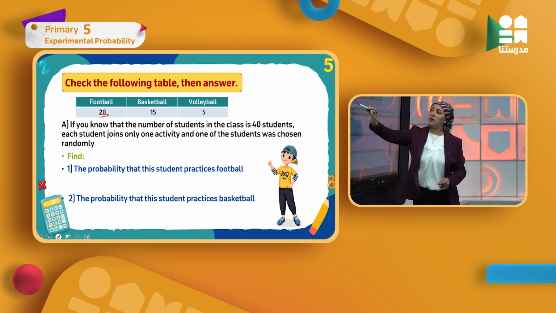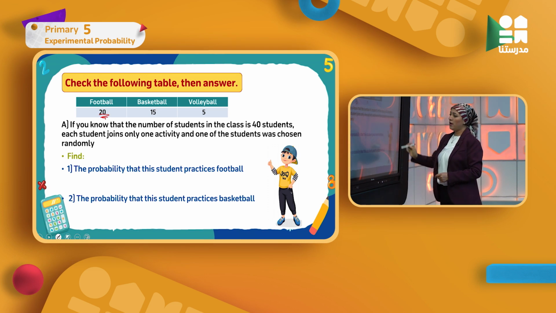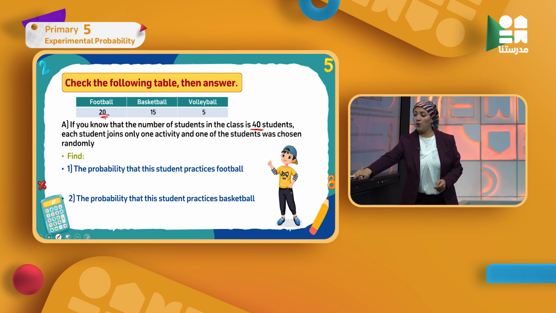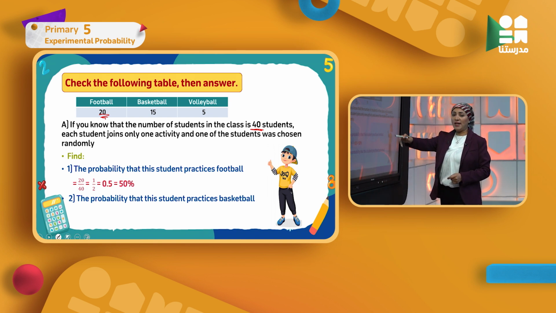Then the probability that this student practices football, P, will be equal to N over T. So it will be 20 over 40.